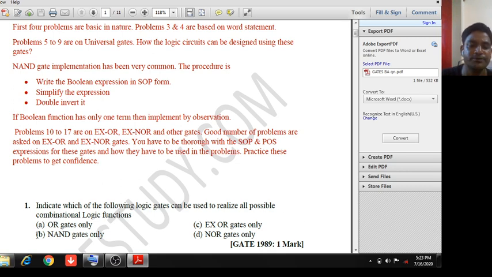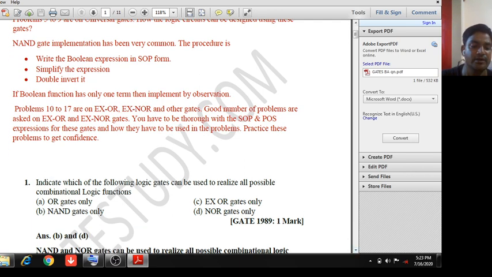So the options are NAND and NOR gates, because these two are universal gates and you have learned how to implement any Boolean function by using either NAND or NOR. That's why these two gates are called universal. So the answer will be B NAND gate and D NOR gate, means two options B and D.